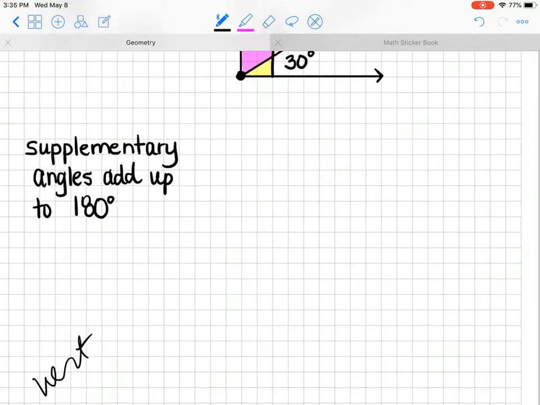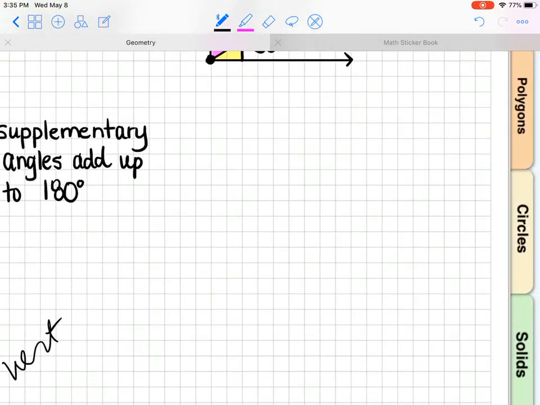So let's draw ourselves a straight angle. Remember, a straight angle is just a straight line because the rays are coming together at this vertex. And there's that one and that one. So those two rays make 180.